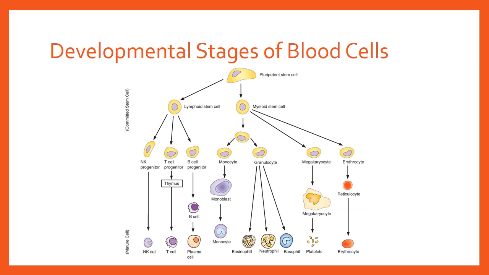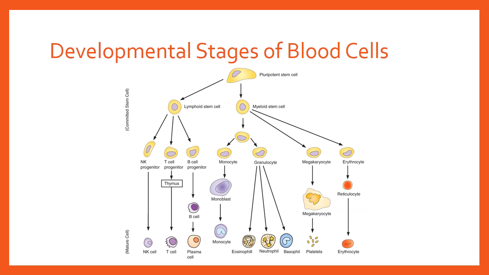It's important to know where the cells are coming from. This is a diagram showing that a pluripotent stem cell can go two different ways: we can have a lymphoid stem cell or a myeloid stem cell.